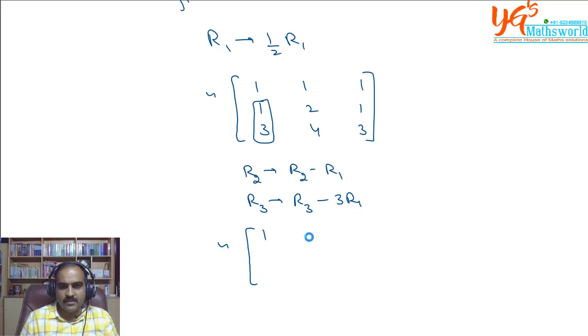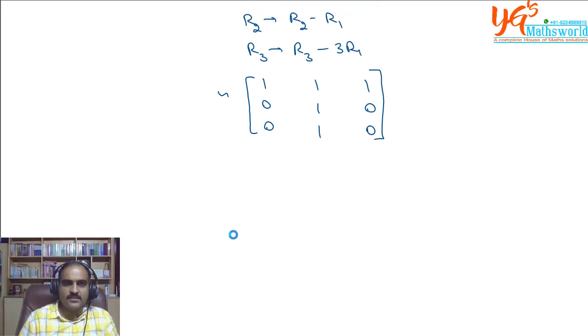So it will be 1 1 1, 1 minus 1 0, 2 minus 1 1, 1 minus 1 0, 3 minus 3 0, 4 minus 3 1, 3 minus 3 0. So till this step I have got these two elements as 0.